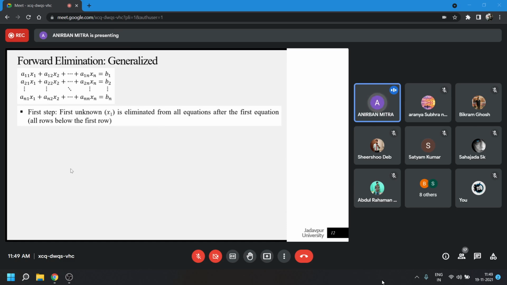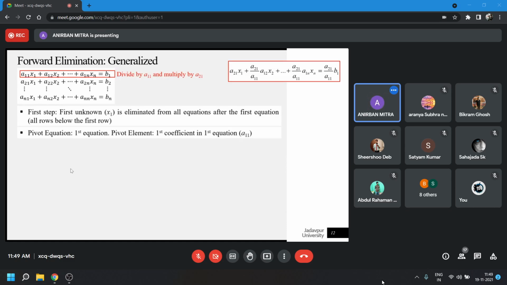So all rows below the first row will be involved in this procedure. As already mentioned, the first equation is called the pivot equation, and the pivot element is the first coefficient in the first equation. So that is A11. That is the pivot equation.